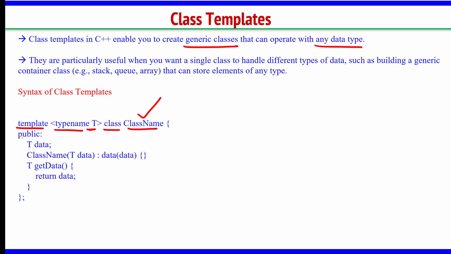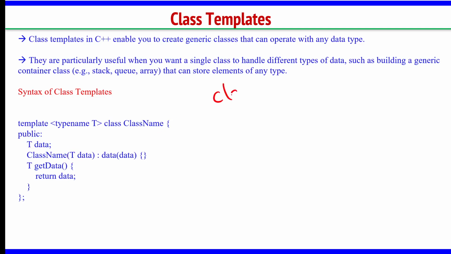Open bracket public T data means the data type of this class name will be T. Okay. Then this is your initializer list kind of a constructor, then you can write some functions like this and play with that. Okay, right. So, whatever data types you will be declaring inside classes, there you will be using T, the template name you will be using always, right.